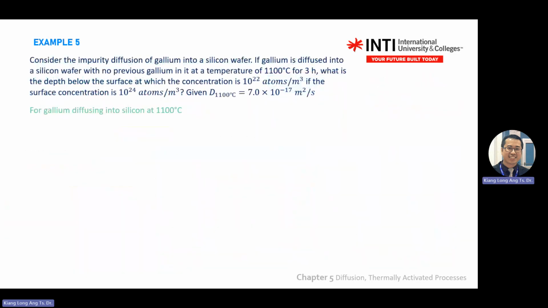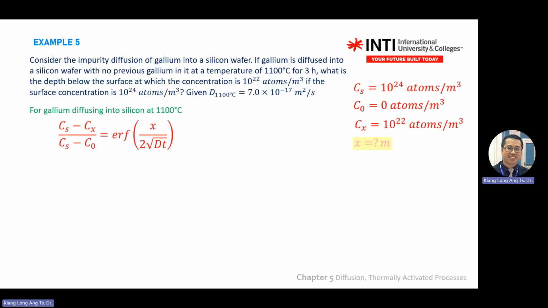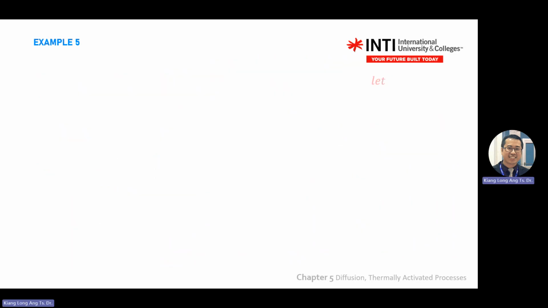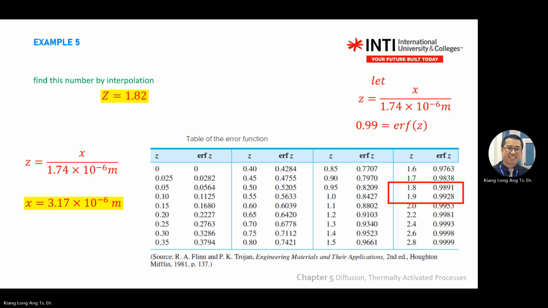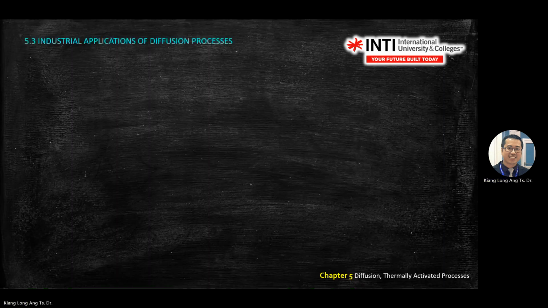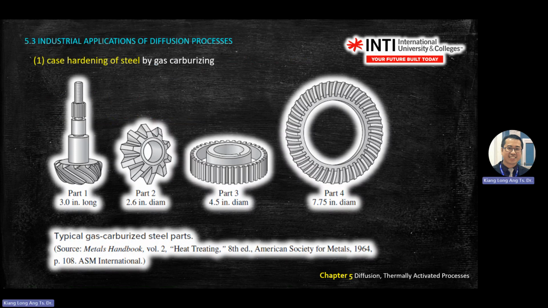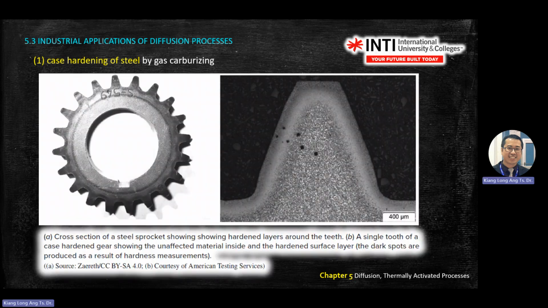Okay, so if no question, example 5, you go and see. Right, your homework, go and see. Example 5, same, something missing. Okay, this one you read. Application or industry, how they make parts become stronger. So these are the cross sections of the object. You see the surface, this one becomes stronger, especially the gear component.